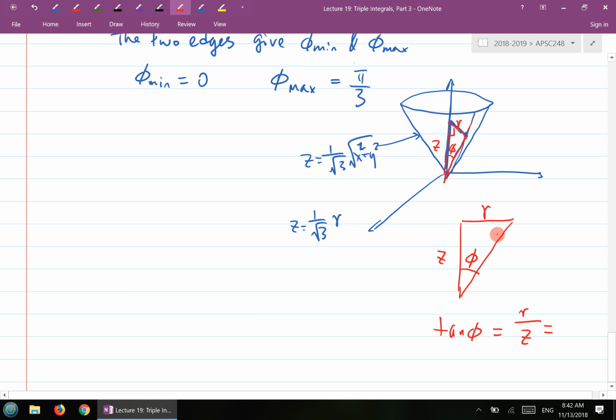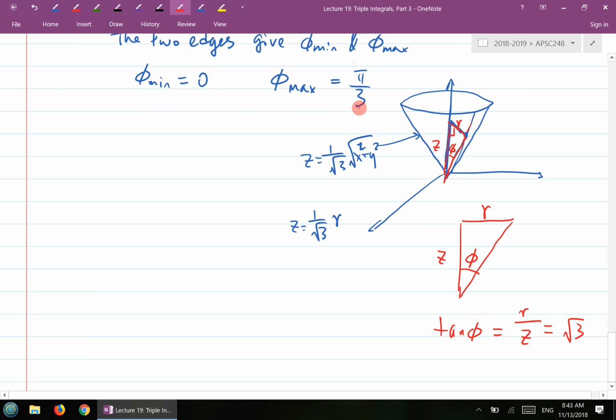That's a general relationship between r and z here. And then you have z equal to 1 over root 3 times r. So replace the z over here, and the whole thing equals root 3. So tangent phi equals root 3, so your phi angle is 60 degrees, pi over 3. So that's another approach to get this phi angle here.